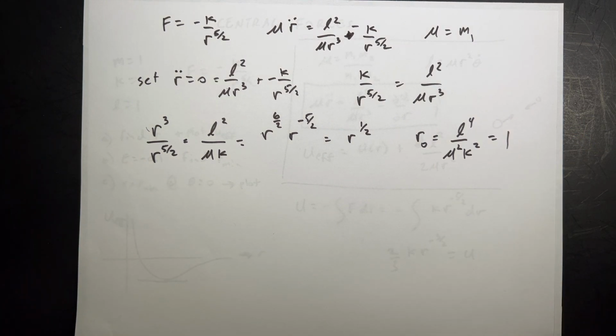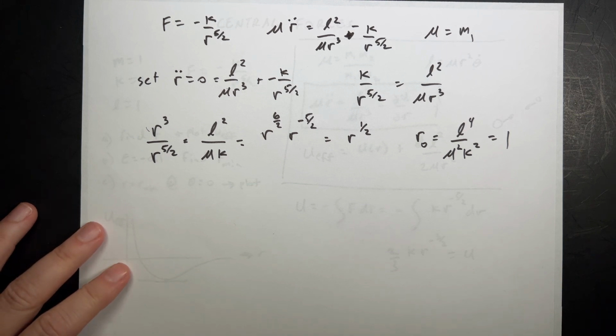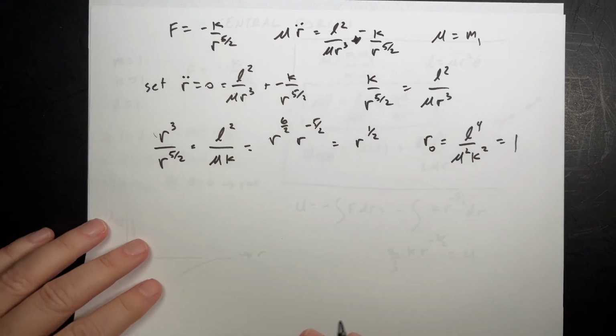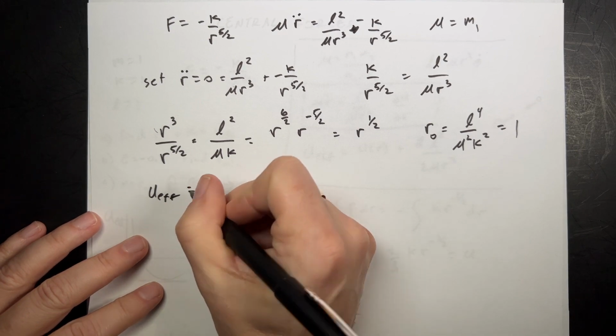Okay, so now let's go ahead and make this plot of the effective potential. And the textbook says go from 0 to 5r0, so to 5. Let me write down the effective potential. U effective, and this is the Python part, this is the fun part.